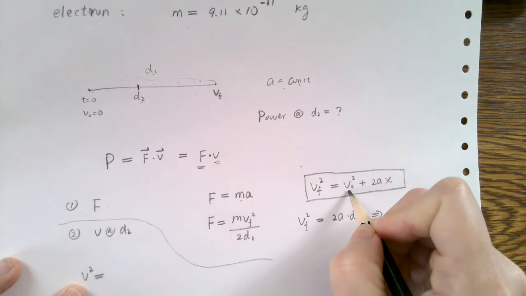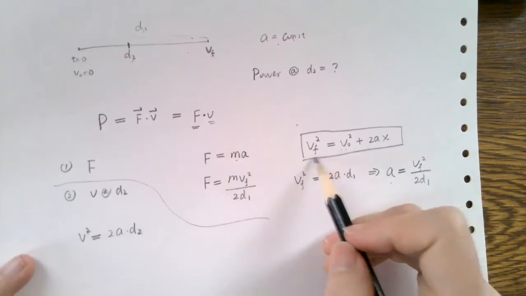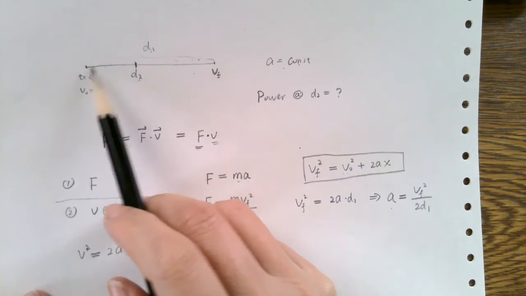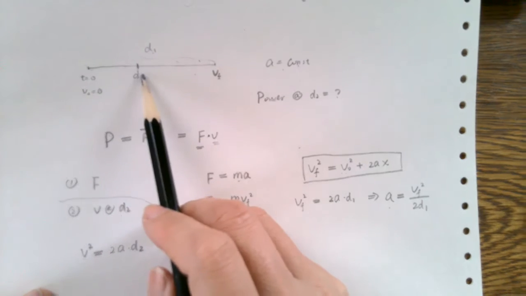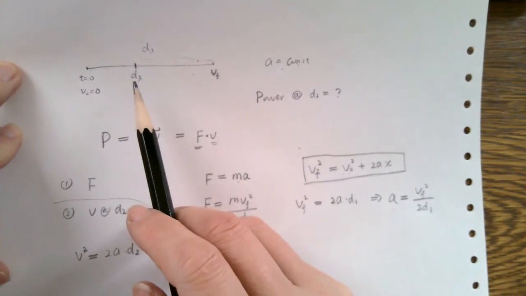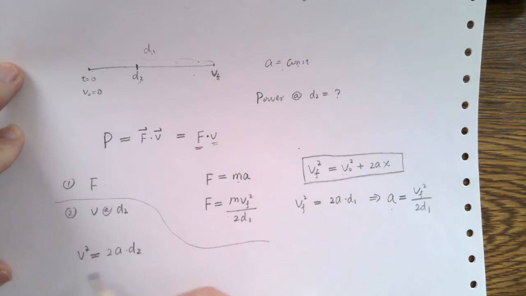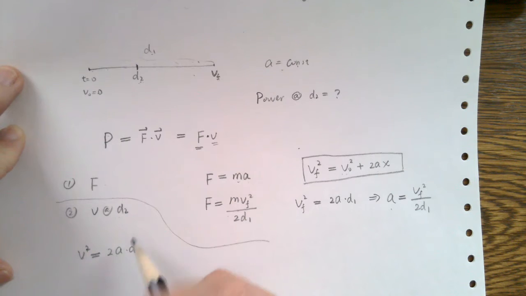V sub 0 squared is 0 plus 2 times a times d2. Same formula here for the same uniform acceleration. It starts from 0, v sub 0 equals 0. When it moves to the distance d2, the final velocity is v squared equals 2ad2.